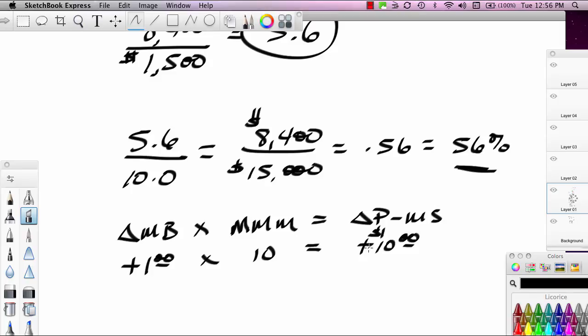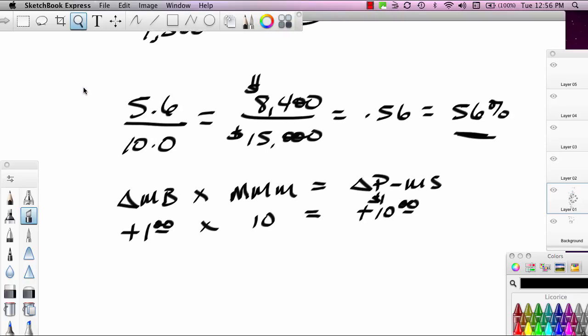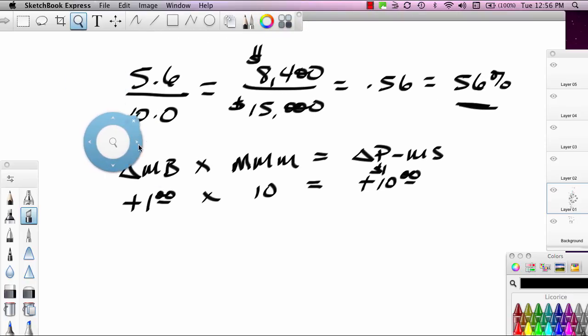And so every dollar added to the monetary base, based on the percentage reserve requirement we had earlier, remember, this is determined by 1 over the percentage reserve requirement. So based on the reserve ratio of 10%, every dollar added to the monetary base can potentially expand the potential money supply by $10.